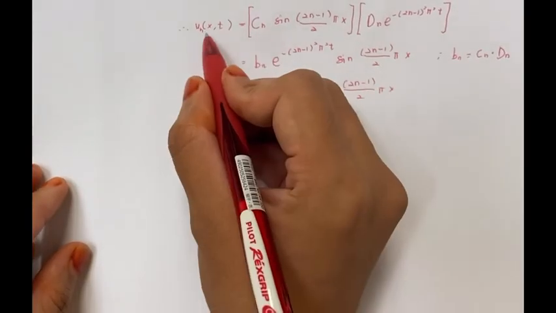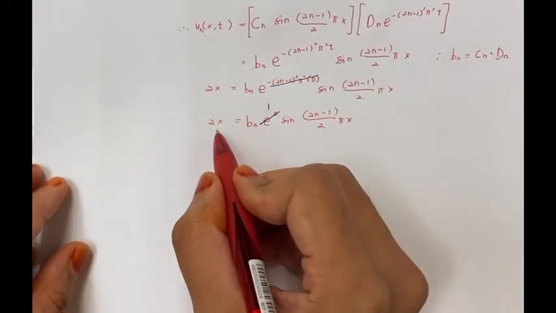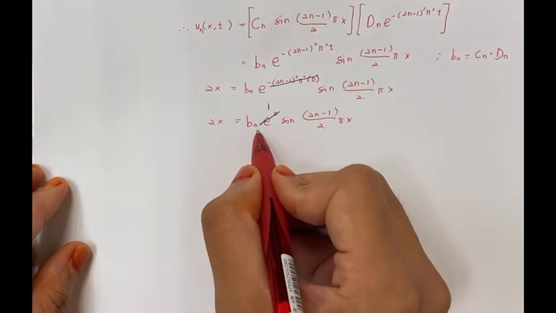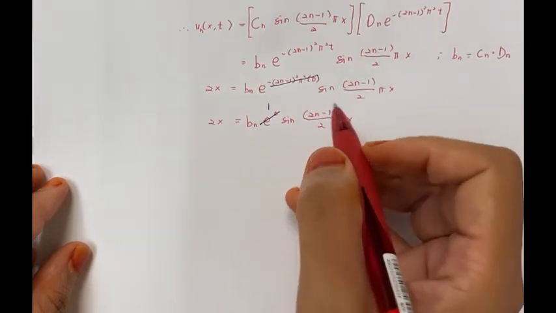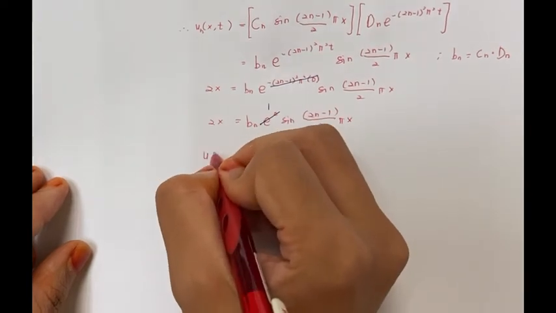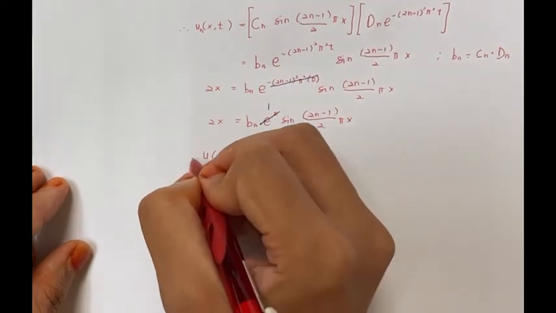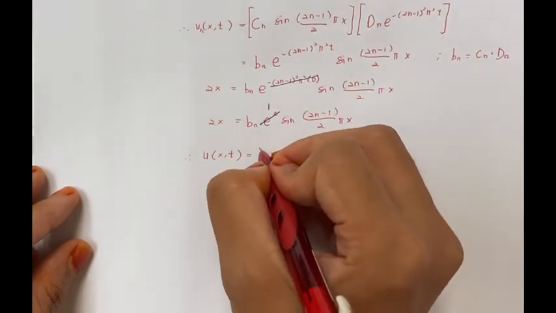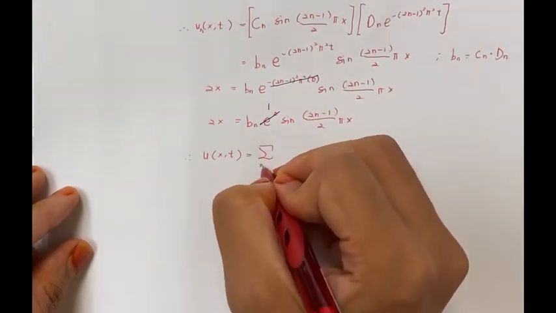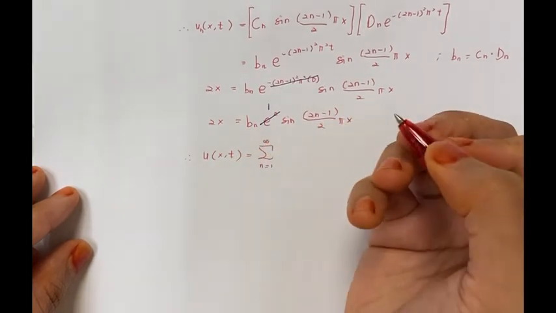Okay, now from un(x,t), when you know that this 2x is equal to Bn sine (2n minus 1) over 2 π x, so you can have your u(x,t) now without the n. u(x,t) is equal to, we write in summation, so summation n from 1 to infinity.